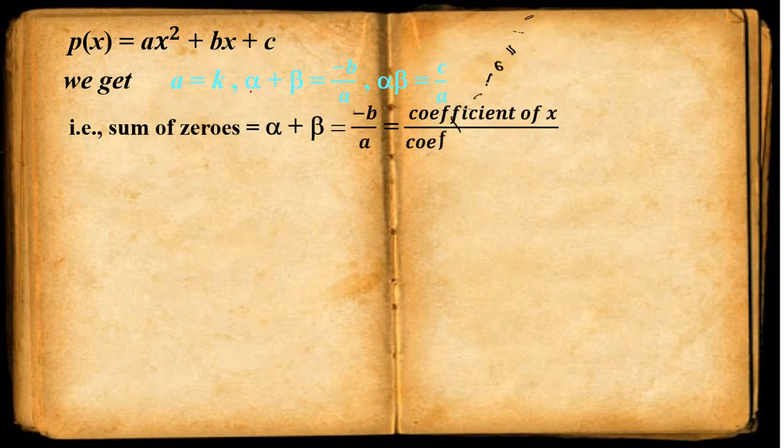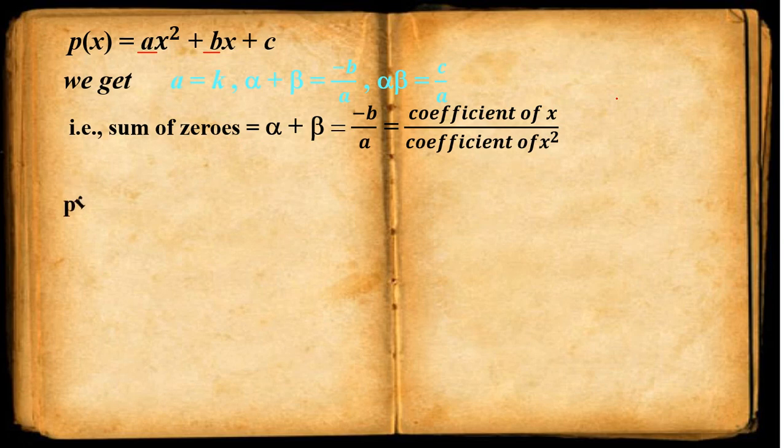Here we can say that the sum of the zeros, that is alpha and beta, we have taken the zeros, so it is alpha plus beta, that is sum of zeros, is equal to minus b upon a. Now in this, minus b is the coefficient of x and a is the coefficient of x square, so we can write sum of zeros is equal to minus coefficient of x upon coefficient of x square.